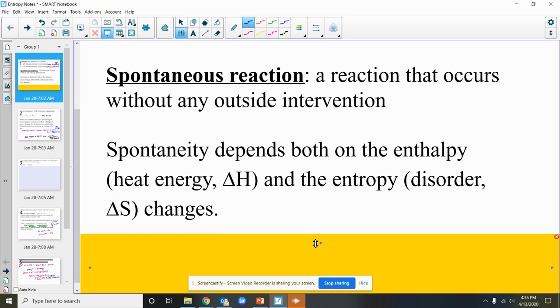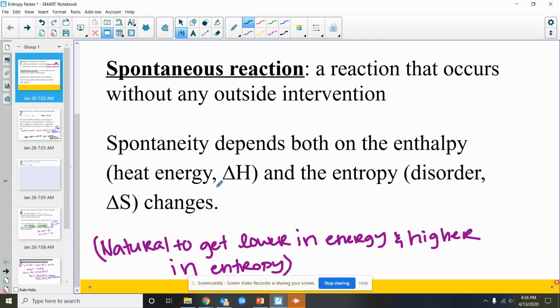There are two natural processes that you see in the universe. It's very natural to get lower in energy, and it's natural to get higher in entropy. So it gives up energy and becomes more and more disordered. Again, think about your room, it's going to become more and more disordered as time goes on.